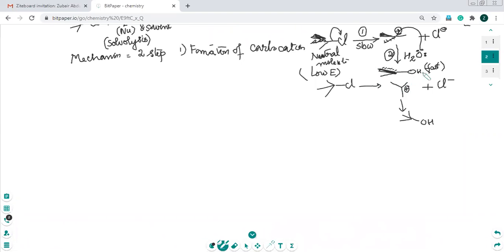In the second step, you can see this high energy state is attacked by a nucleophile, and you get the final product. So that is a fast step because it goes from high energy to a very low energy state.